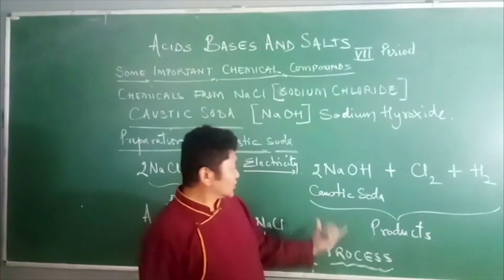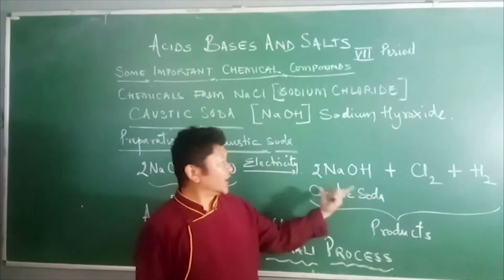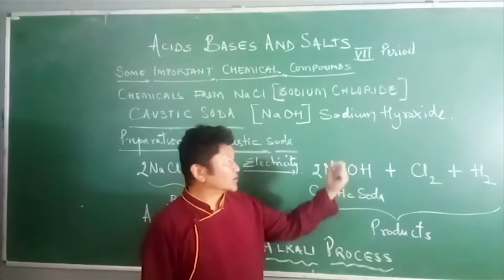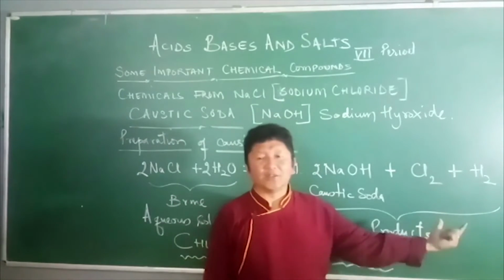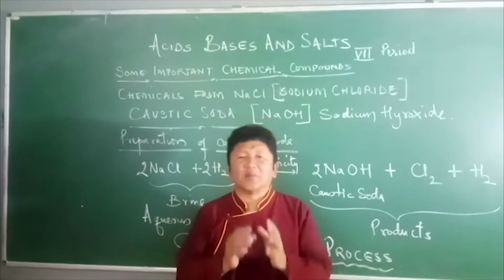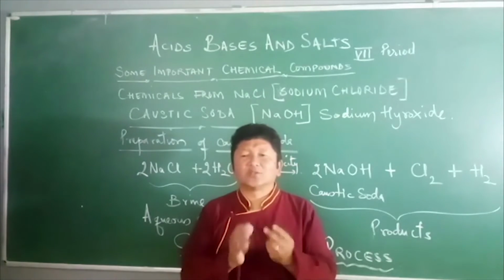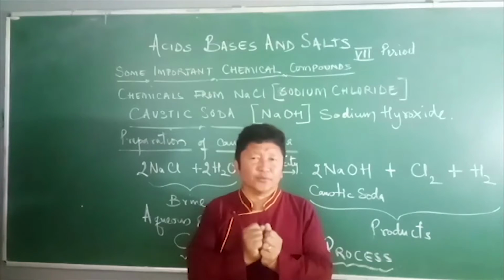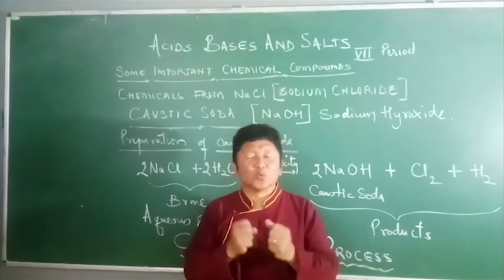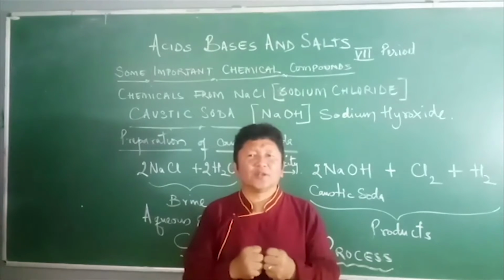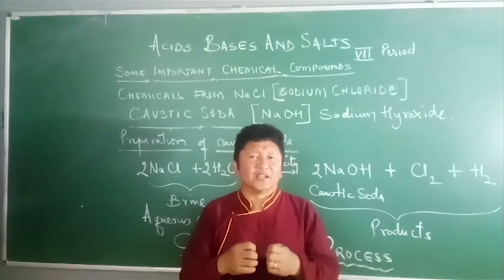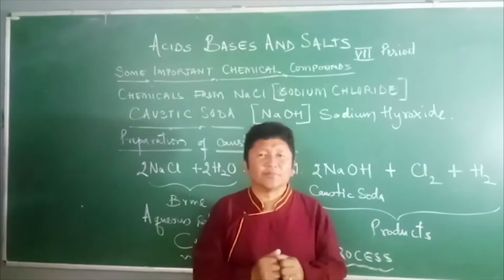Now the uses of the products of this chloroalkali process: sodium hydroxide, chlorine and hydrogen gas. Hydrogen gas is used as a fuel. It is a good fuel, it has high calorific value and it does not cause any kind of pollution.